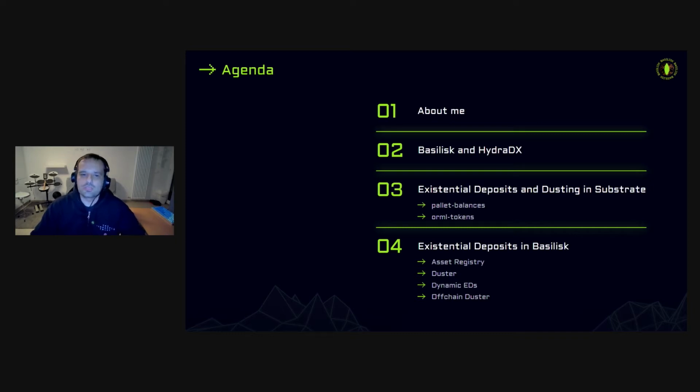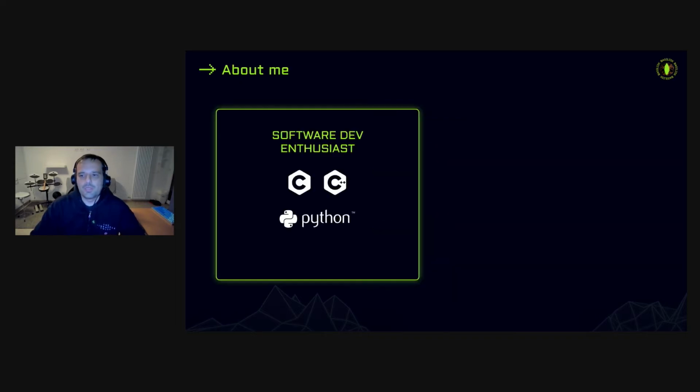We will check what is under the hood, with focus on the two most used pallets, Balances and Tokens. And we will also have a look at how we tackle the issue in Basilisk, where we have, or hope to have, many assets with dynamic prices, and therefore dynamic existential deposits as well.